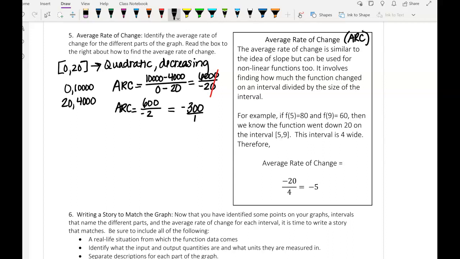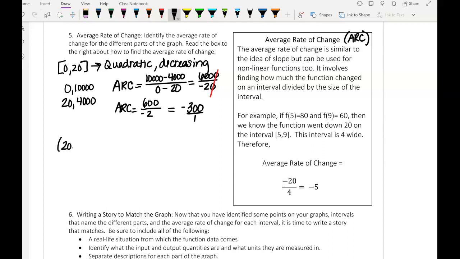Now, we know a quadratic function does not drop at a regular interval, but the average rate of change of that quadratic function, it's dropping 300 for every one it moves across. On average. Again, we know that it's not linear, so it doesn't necessarily happen like that exactly.